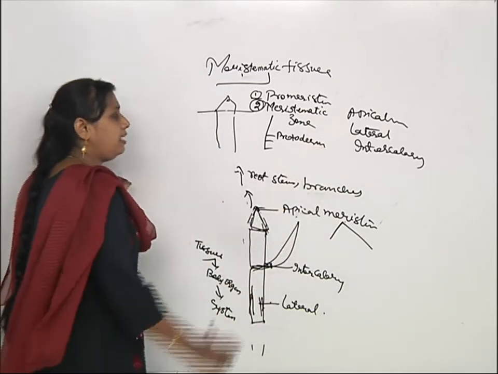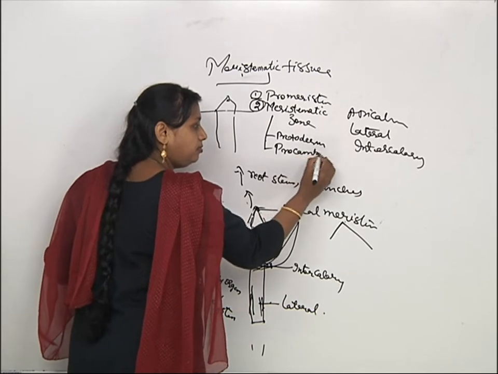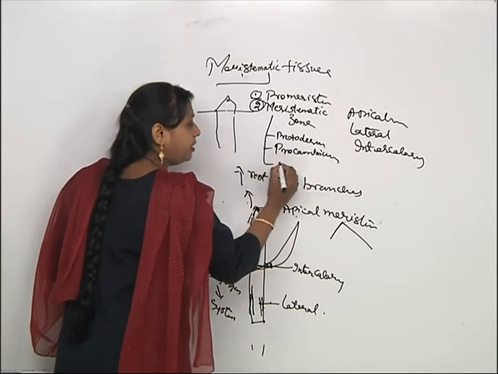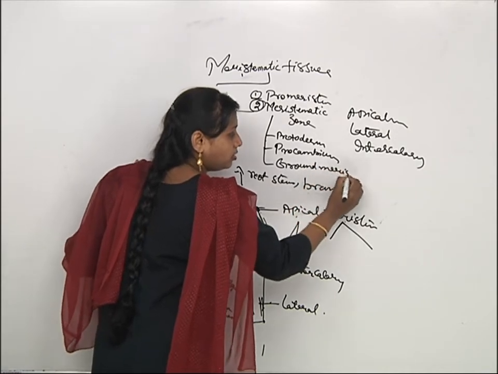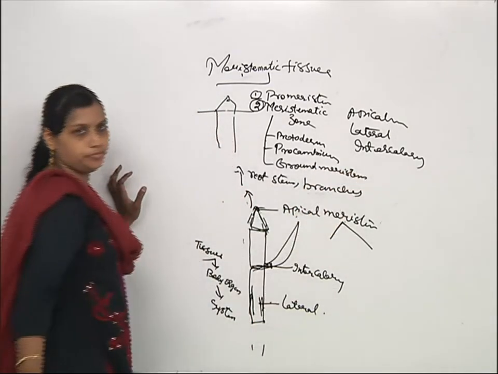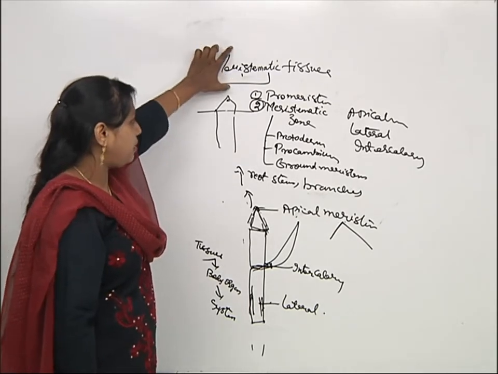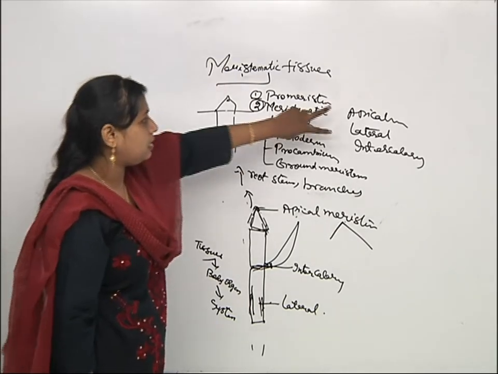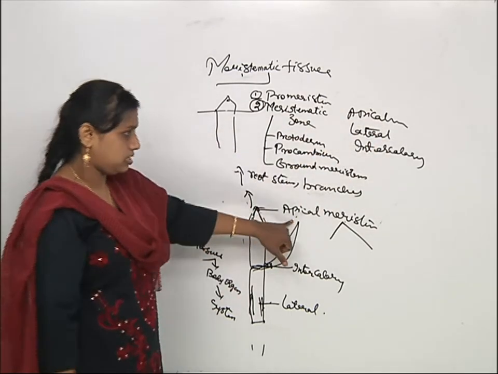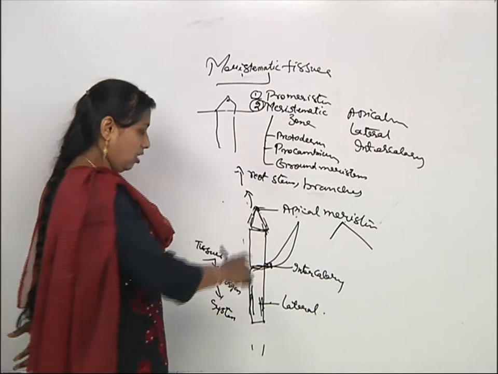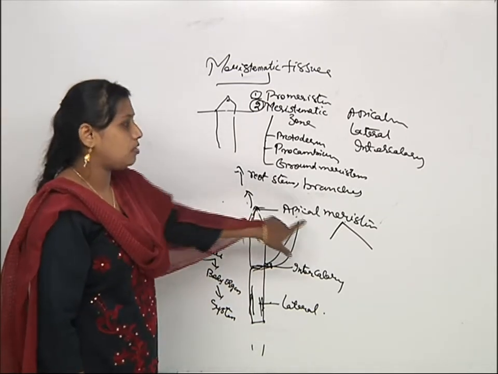procambium and ground meristem. Okay. So, here again I will repeat, meristematic tissue on the basis of position has 3 types: apical, lateral, intercalary. First we are talking about apical meristem. At the tip of all the roots, stems and branches you will see the presence of apical meristems.